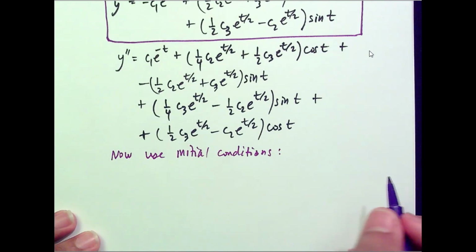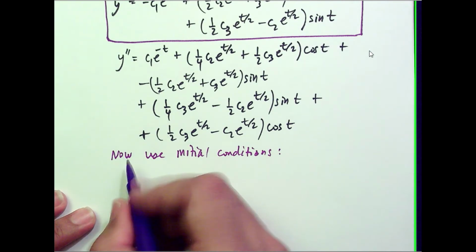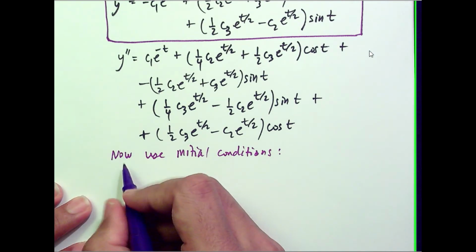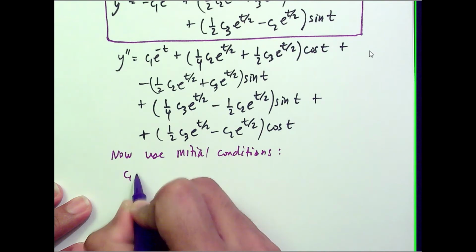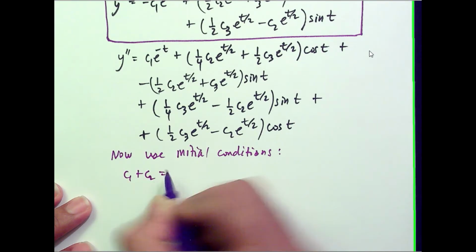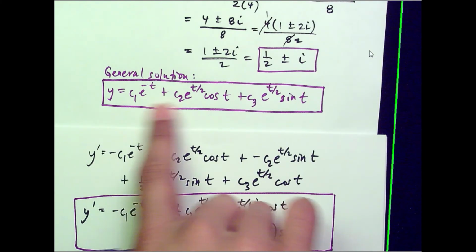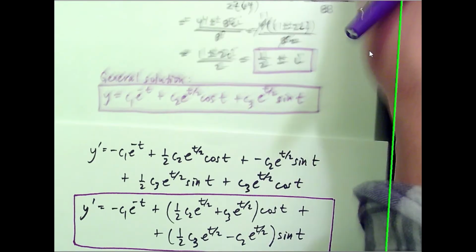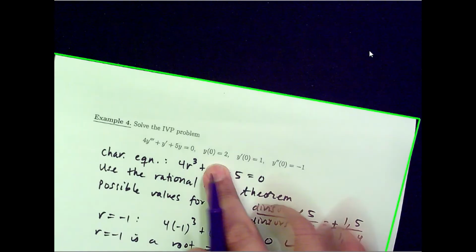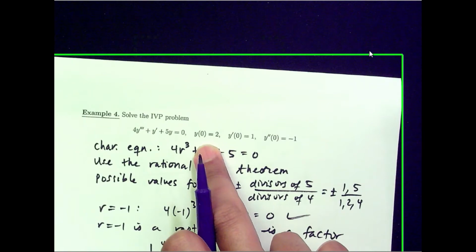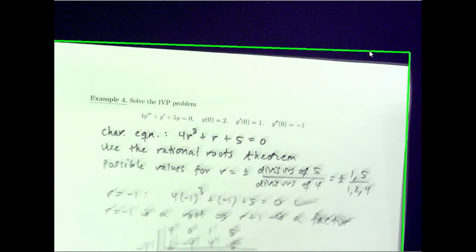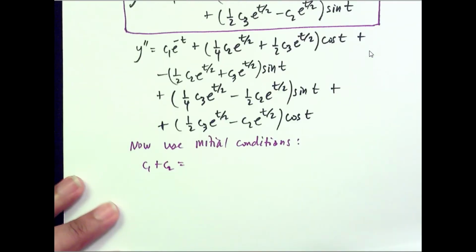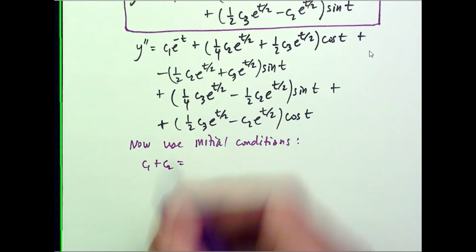The initial condition says that when you plug in 0 in y, you're supposed to get 2. So that means that c1 plus c2 equals 2.